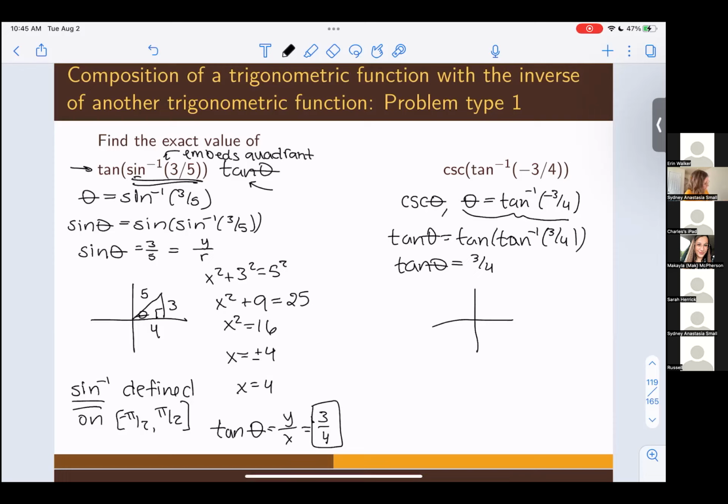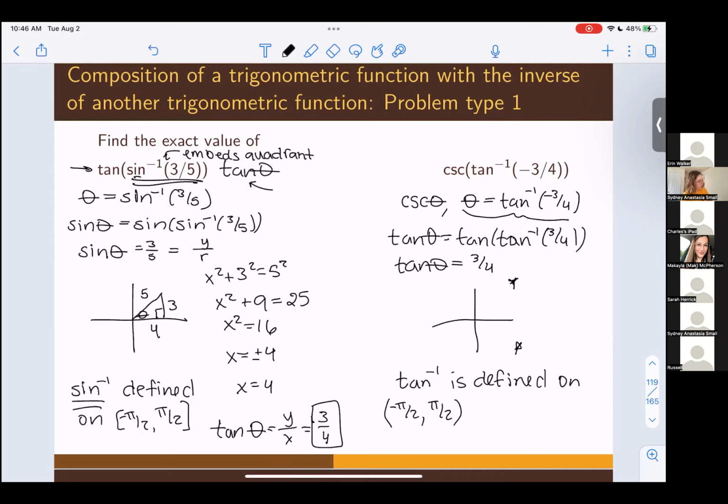If we remember, the inverse tangent function is defined on quadrants 4 and 1. So just like sine, inverse tangent is also defined from negative pi over 2 to pi over 2. I'm going to be careful with that because it does not include those endpoints. So we know that our answer is either going to lie in quadrant 1 or quadrant 4.